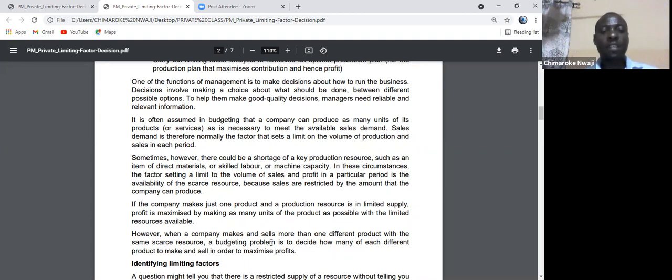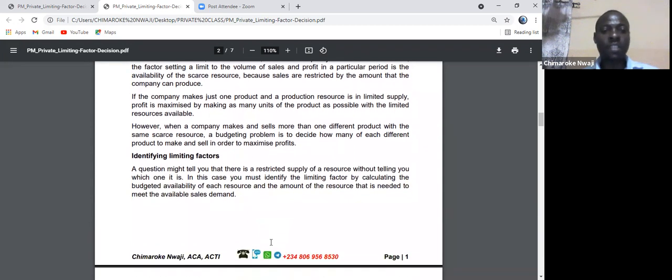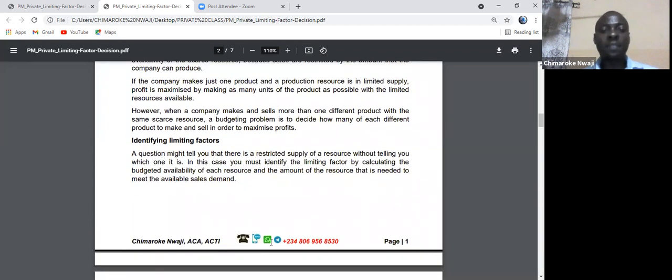All right. So how do we start doing this? You have to identify the limiting factors. A question might tell you that there is a restricted supply of a particular resource without telling you which of these resources is the limiting factor.